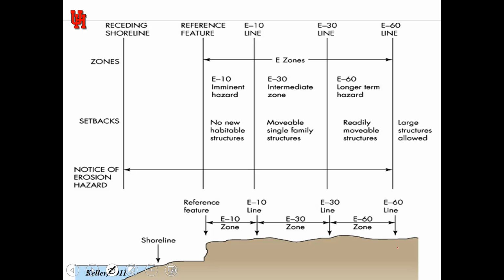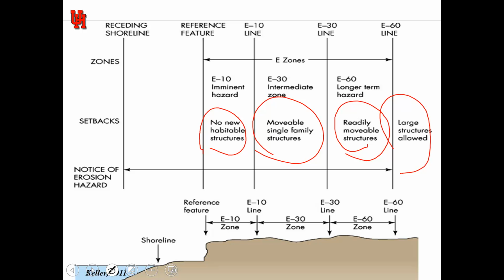Maybe nothing that you live in, if it's going to be eroded within 10 years. You can live in it, but only if you can move it in 30 years. In 60 years, well, anything's readily removed, and larger things beyond that. So that's one response.